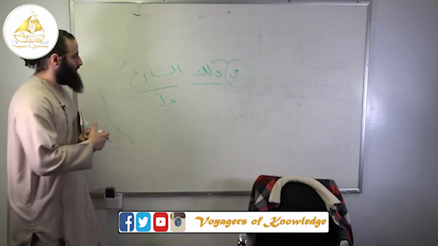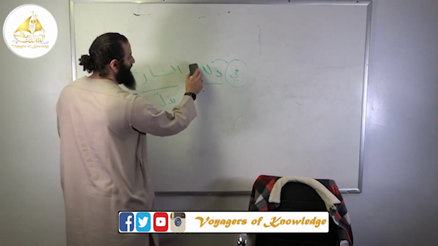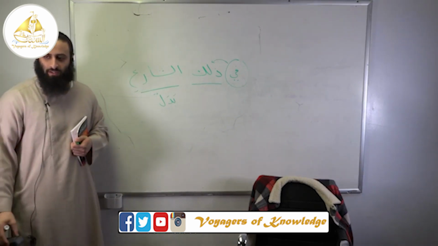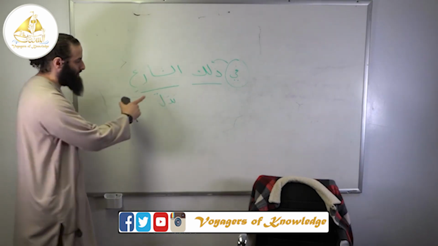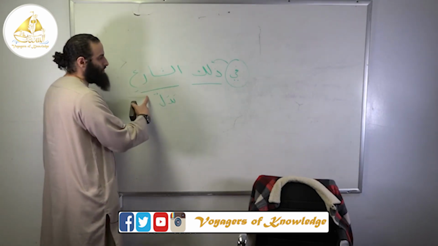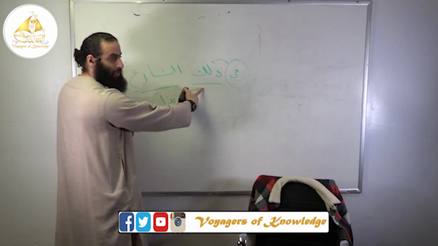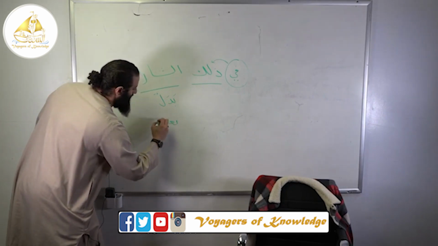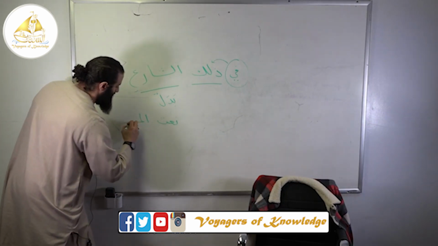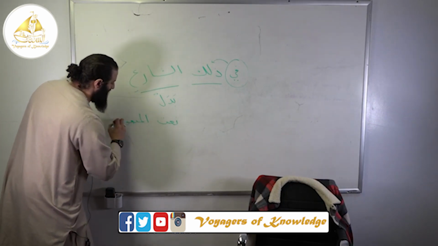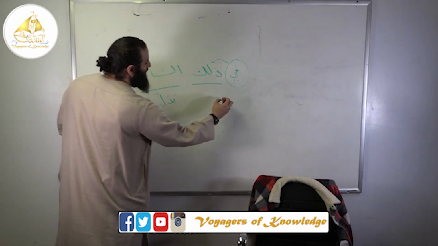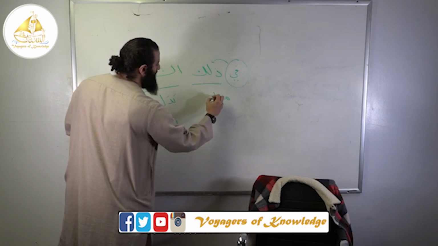If I got rid of dhalika and said fi shari'i, would the same thing be said? Yeah. So that's how you can tell that this word is exactly this word. And badal works exactly like na'at and man'ut, except you have badal and mubdal minhu.